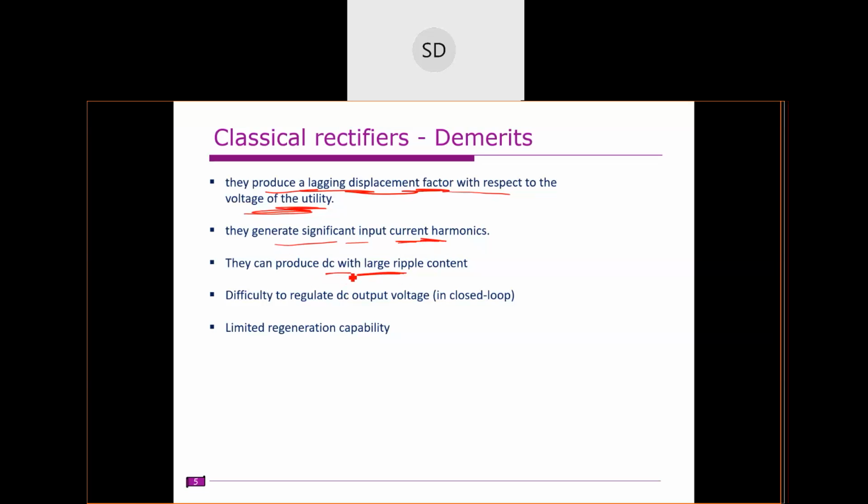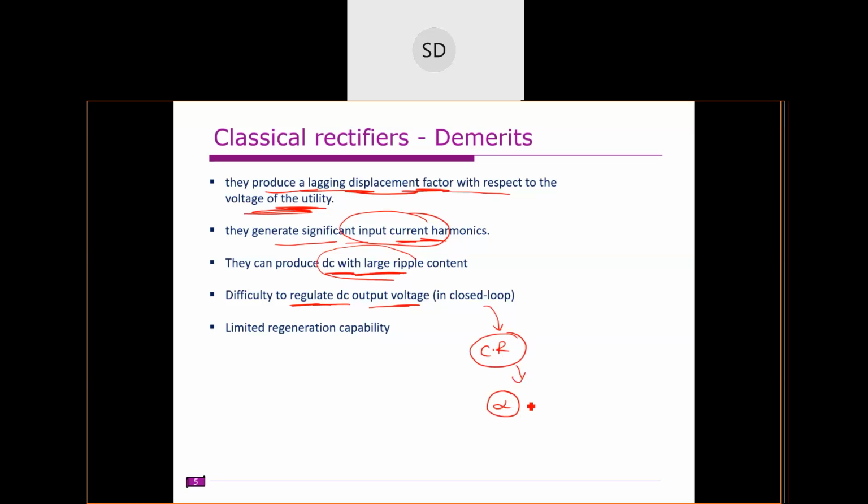The AC input current is distorted, and you cannot produce a pure DC. It is also difficult to regulate the DC output voltage in closed loop applications. For closed loop applications we need to use a control rectifier, where we need to constantly change the value of alpha.